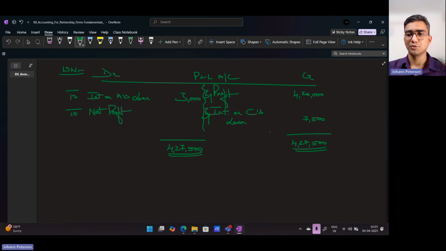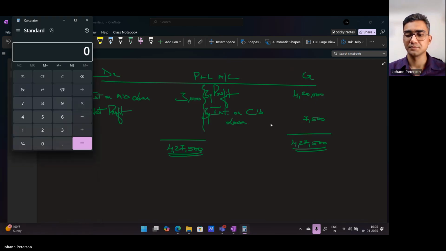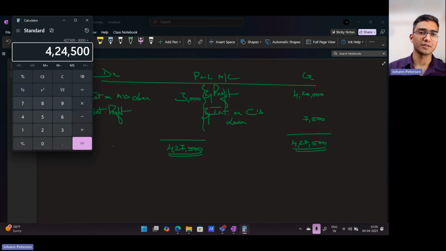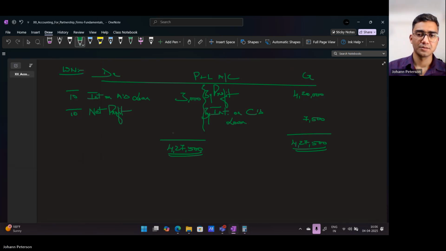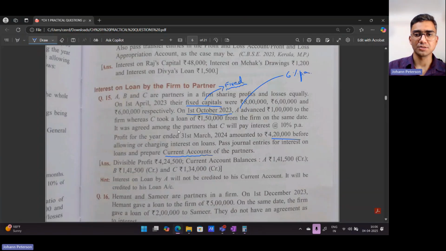So our balancing figure will be the net profit. So we are left with 427,500 plus 7,000 minus 3,000, which is 424,500. And we have three partners, A, B, and C. Since no ratio is mentioned, nothing was mentioned.